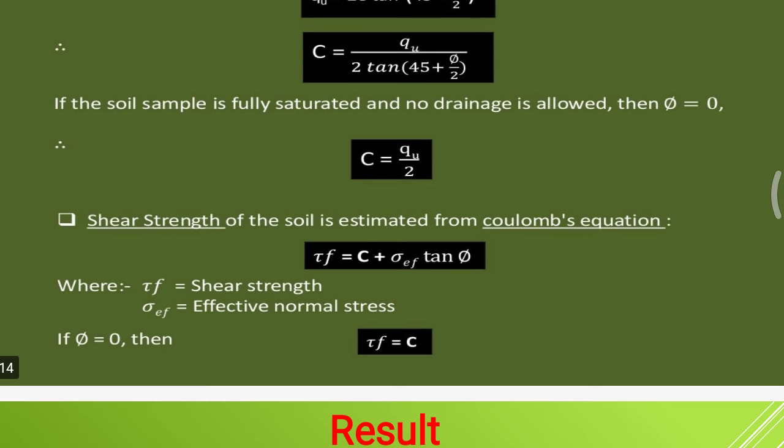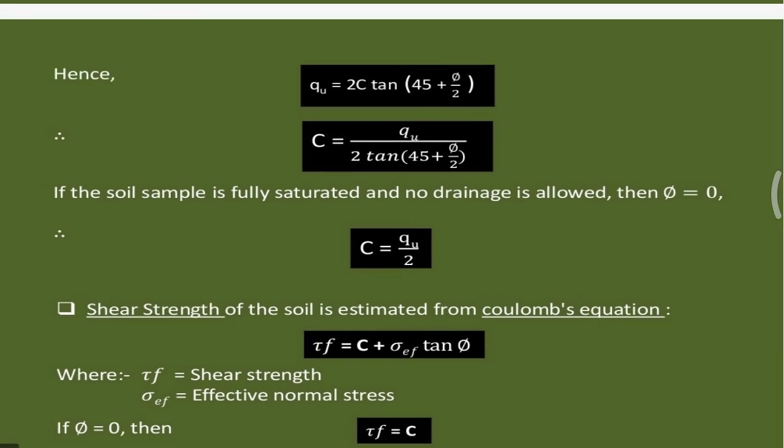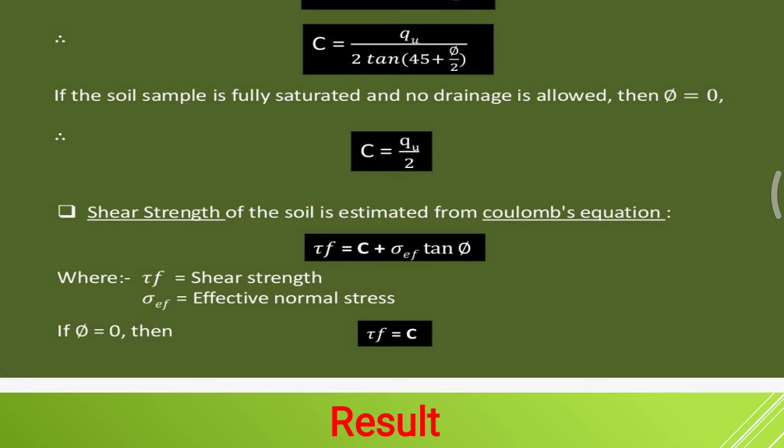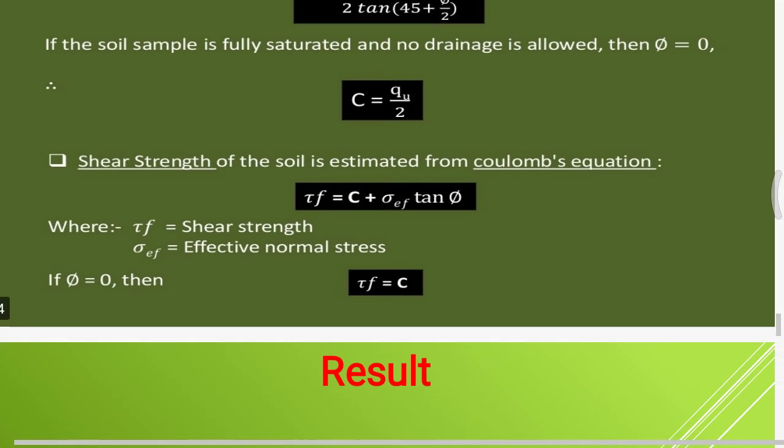Then we can easily find the shear strength by using Coulomb's equation, tau f is equal to c plus sigma ef into tan phi, where tau f is the shear strength and sigma ef is the effective normal stress. If phi is equal to 0, then tau f, that is shear strength, is equal to c.